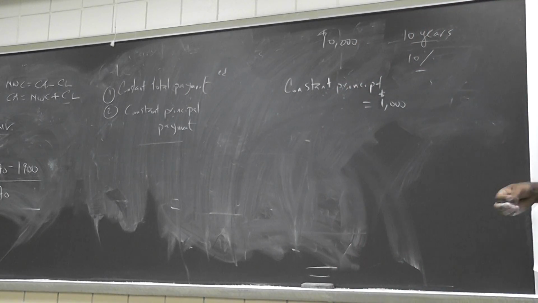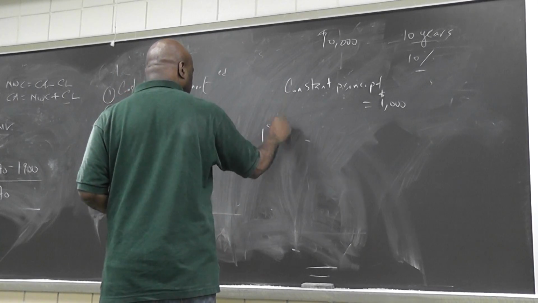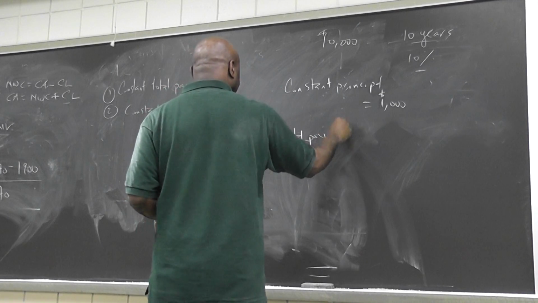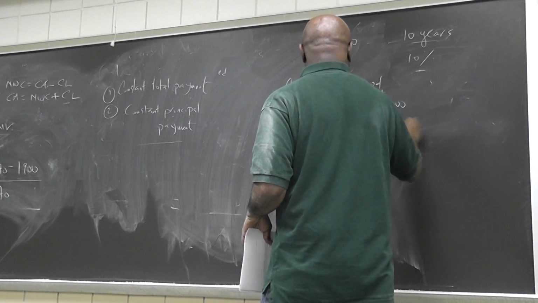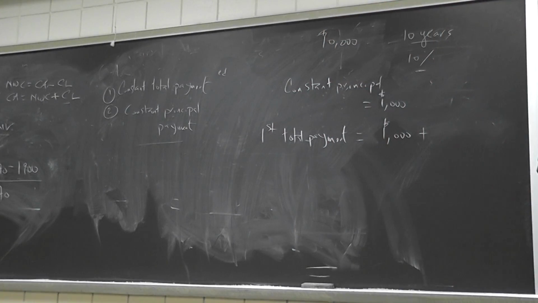Well, my first total payment will be the constant principal plus the interest, right? But then your first interest will be based on a 10,000 principal. So what is 10% of 10,000? 1,000.